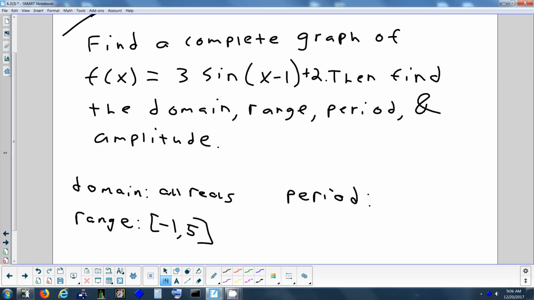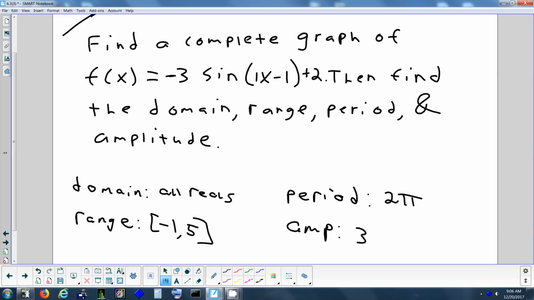So domain, range, period. What's the period here? Yeah, it's 2 pi. There's no change in the period because there's a 1 in front of the x. So 2 pi. And lastly, amplitude would be 3. What if I put a negative in front?